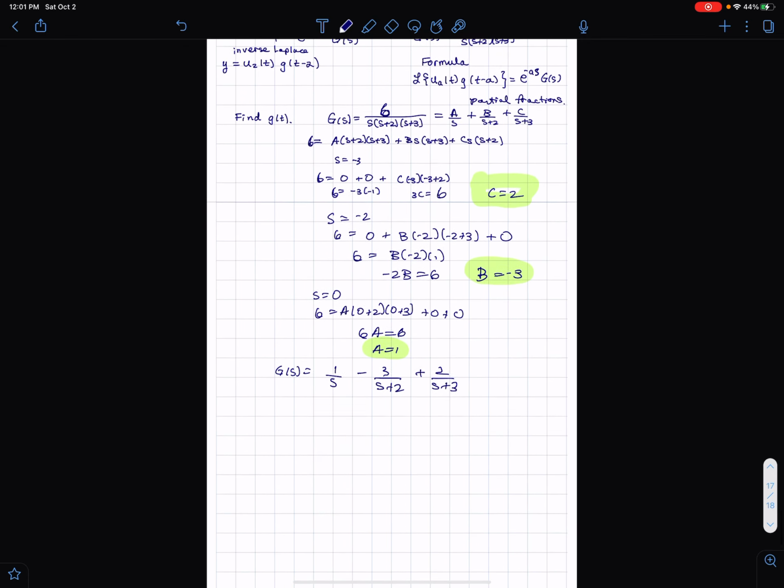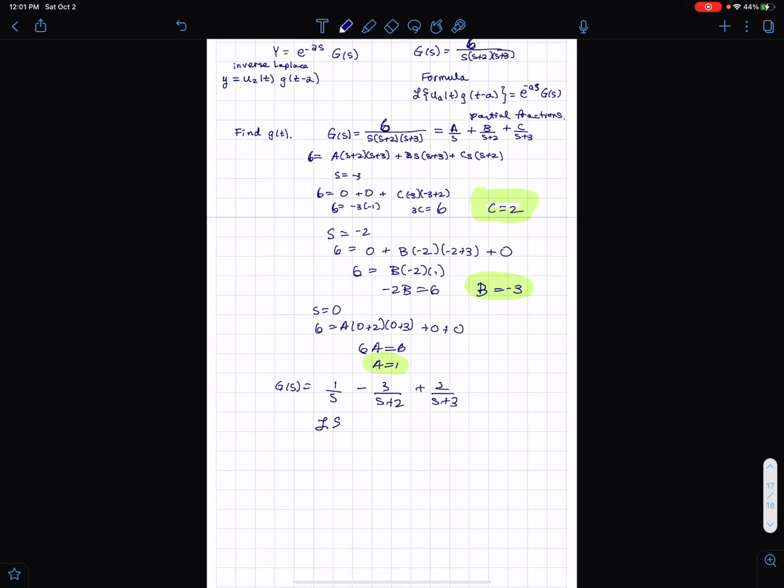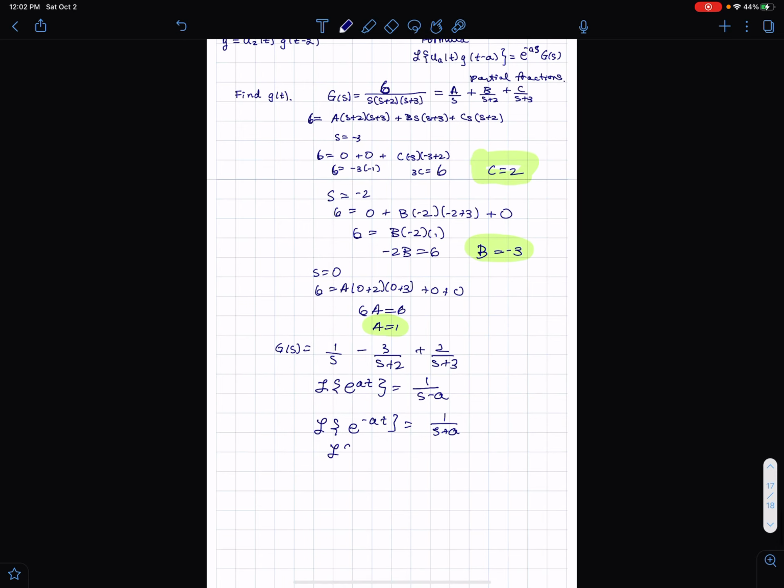Little g of t, okay, now the Laplace transform of e to the at is 1 over s minus a. It's the same thing, really, just written in a slightly different form. e to the negative at has Laplace transform 1 over s plus a, and the Laplace transform of 1, which would be when a equals 0, is 1 over s.